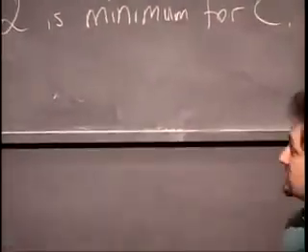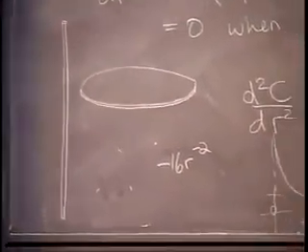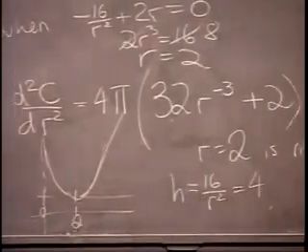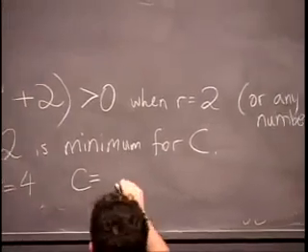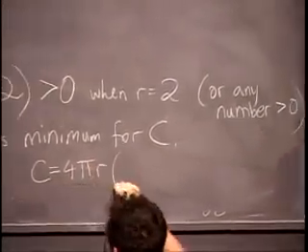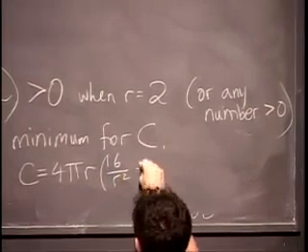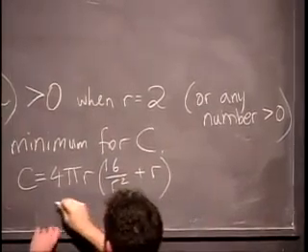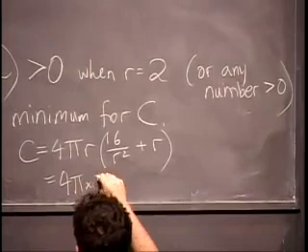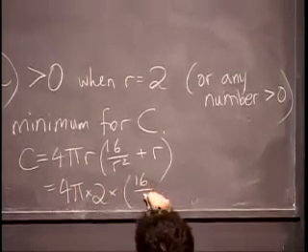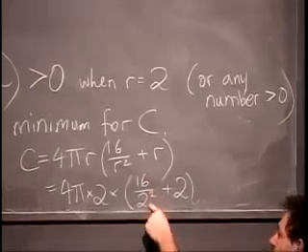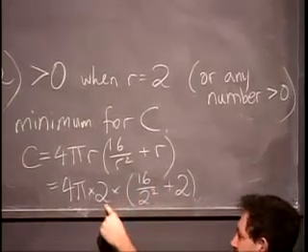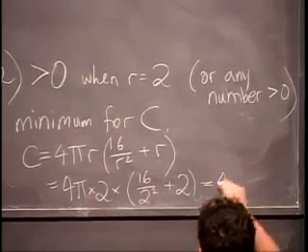And that is the answer to the first part, provided that we summarize it. We know that h is 16 over r squared, which is 16 over 4, which is 4, and the cost is equal to 4 pi r times 16 over r squared plus r. That's our original formula. So it's 4 pi times 2, times 16 over 2 squared plus 2. So 16 over 4 is 4, plus 2 is 6. 6 times 2 is 12. 12 times 4 is 48.